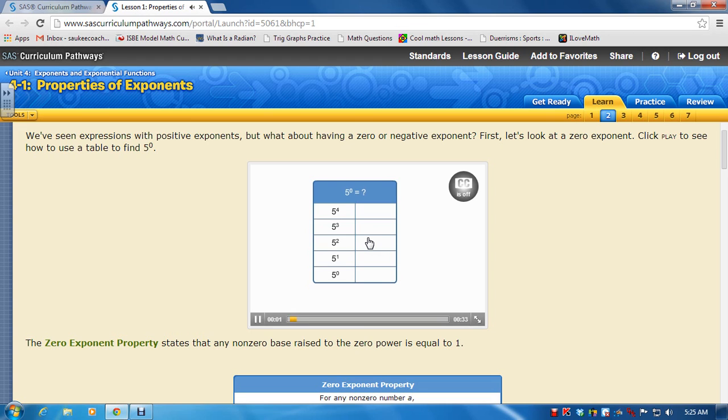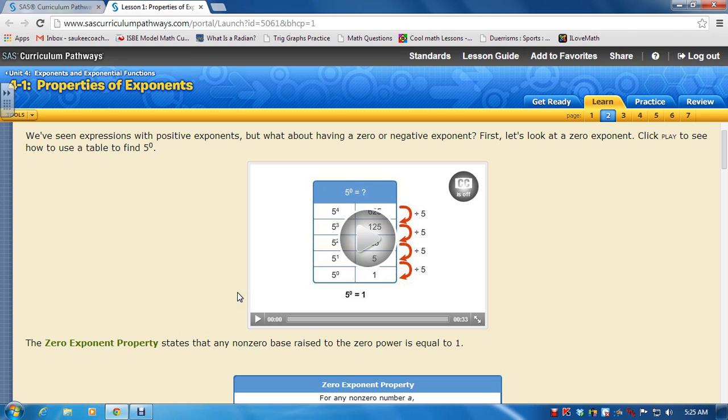Let's use a table to find the value of 5 to the 0 power. We know 5 to the 4th power is 625. 5 cubed is 125. 5 squared is 25. And 5 to the 1st power is 5. Now look at the pattern. Notice that as the powers decrease, each number is divided by 5. So if we divide again by 5, we get 1. That means 5 to the 0 power must be 1.